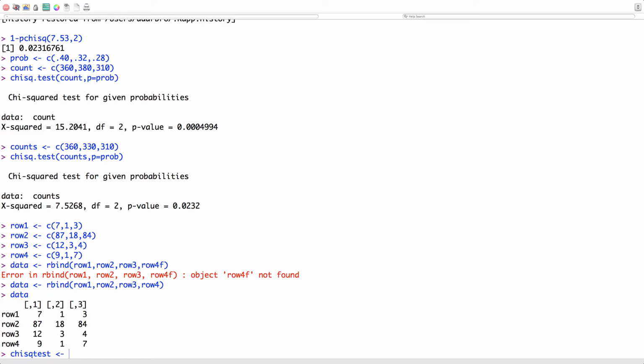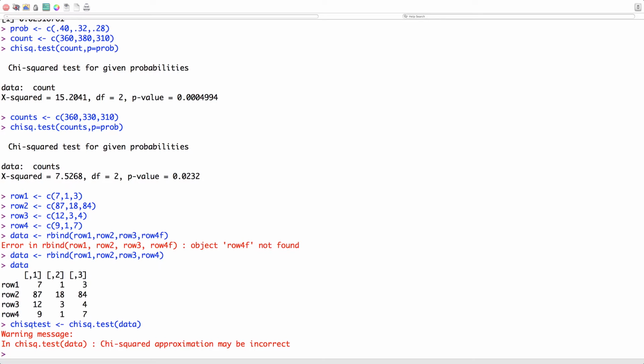Just as before, it is chisq.test, and I want to do it of my data. I get a warning here that the chi-square approximation may be incorrect. Let's just go ahead. I'm pretty sure I know what's going on here.